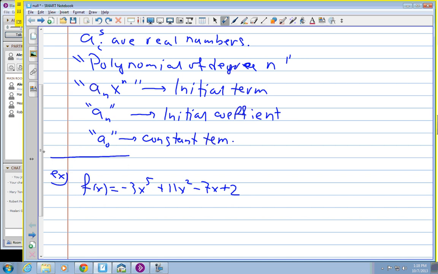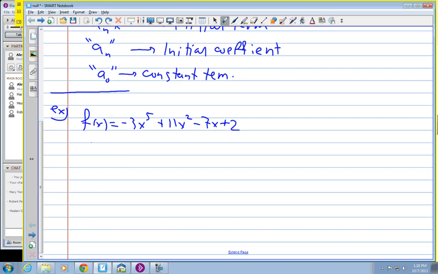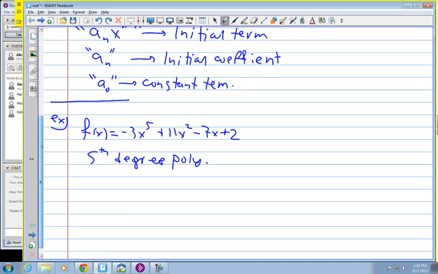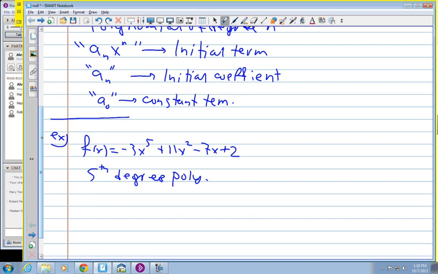Yep. So it's a 5th degree polynomial. So right, this is a 5th degree polynomial. What is the leading coefficient? Yeah, negative 3. The constant in front of your highest exponent is the leading coefficient.